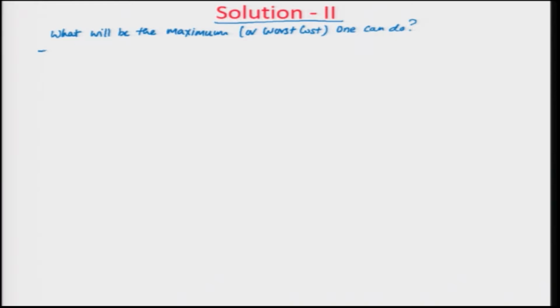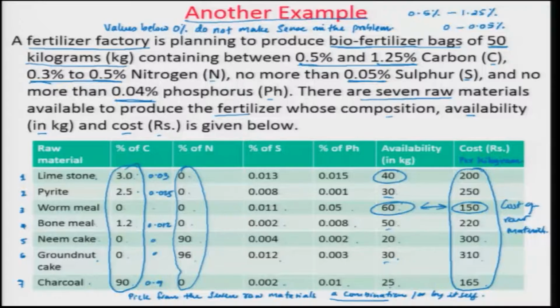So, if you look into this, we have to go back to the data again. The most expensive raw material has 30 kilograms of it, and then the next most expensive has 20 kilograms of it. If you combine both of these, you can get the most expensive one without violating the composition constraints.